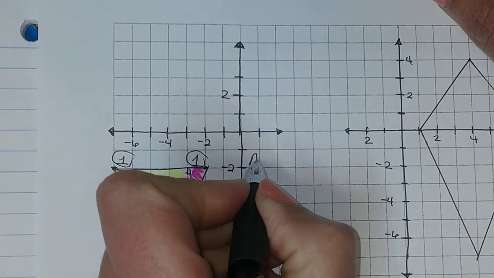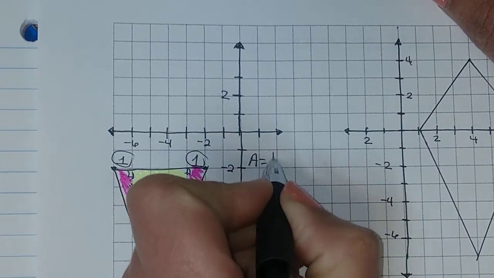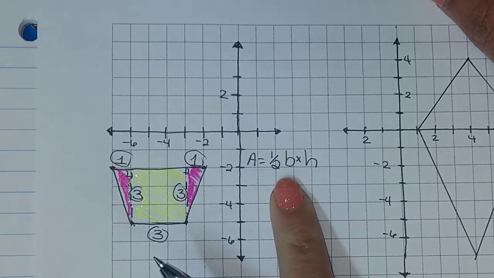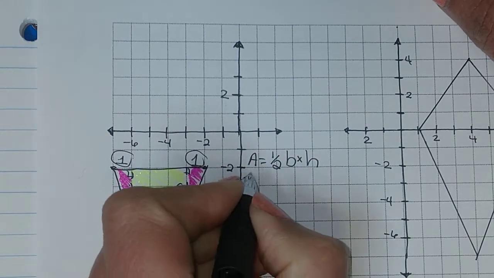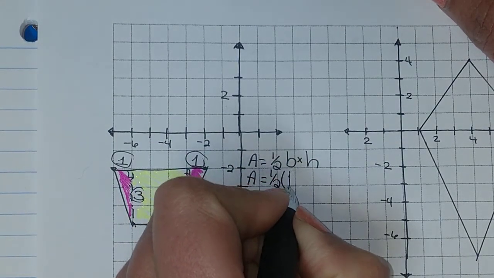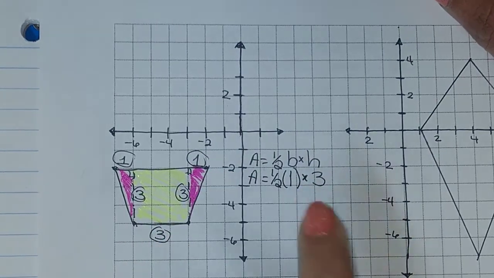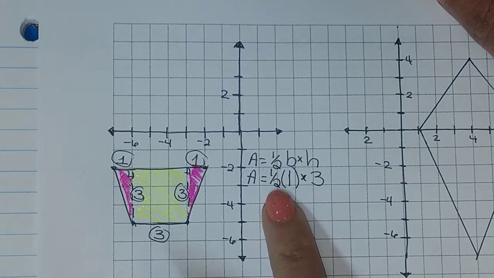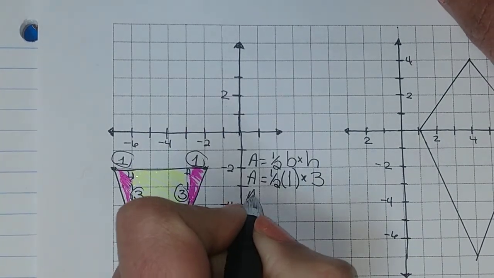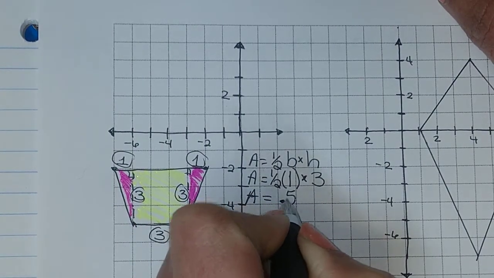My area, if you remember, for a triangle, we'll do the purple triangles first, is 1/2 base times height, which means we'll be doing 1/2 of 1 times 3. Now I know that 1/2 of a whole is a half. I can show that as a fraction or a decimal.